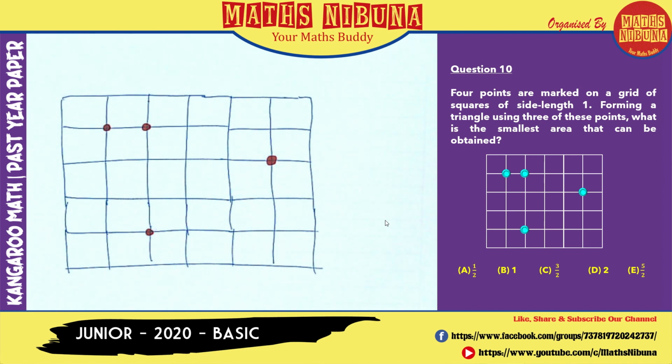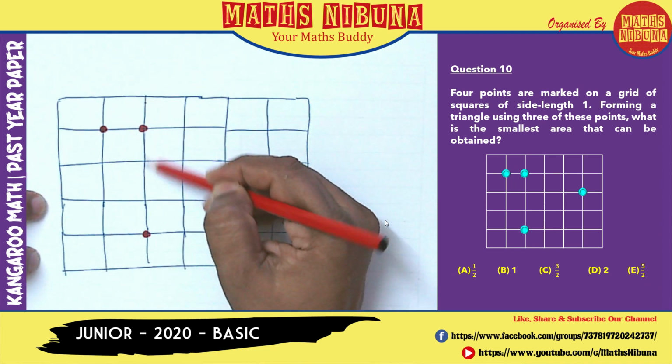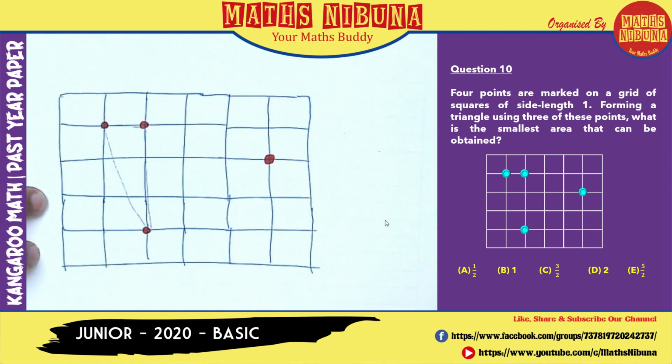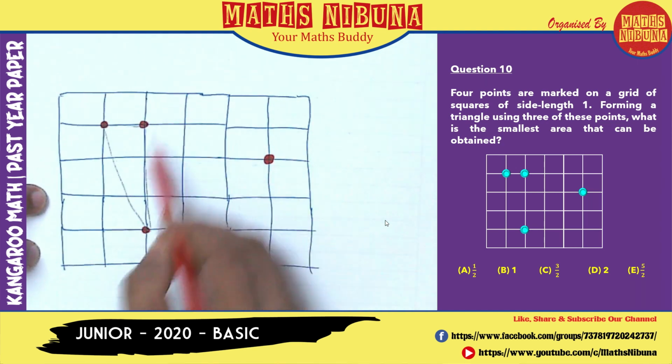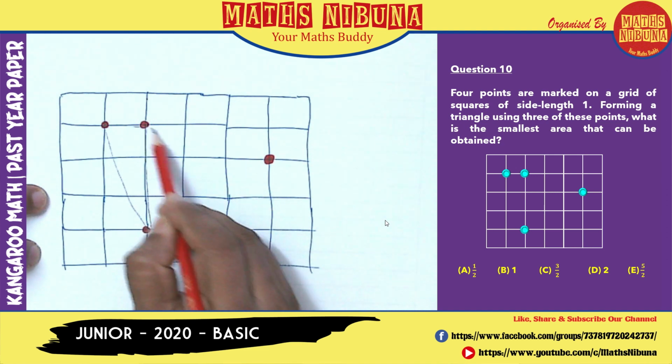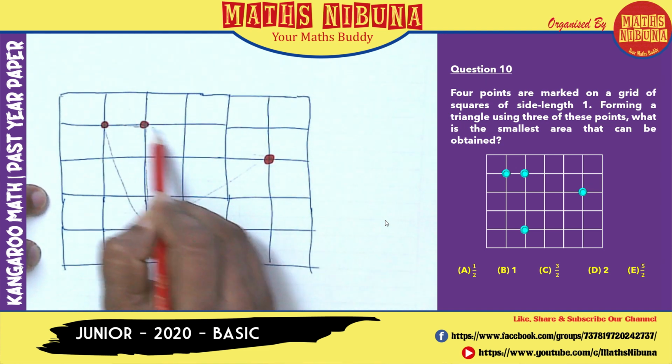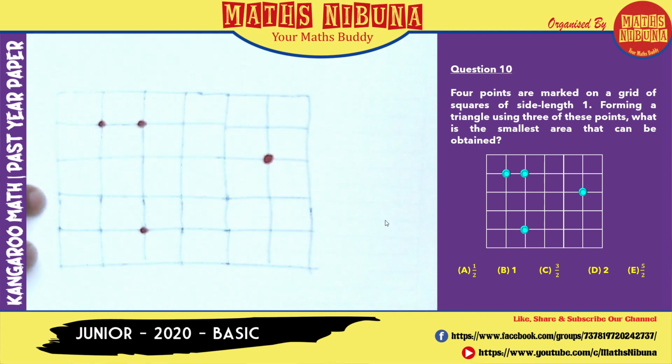Maybe this is one triangle, we just connect this and this, or maybe these 3 can connect, or this one to this one. Means we can make 4 triangles.